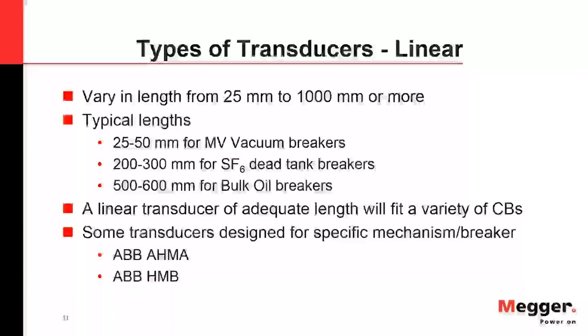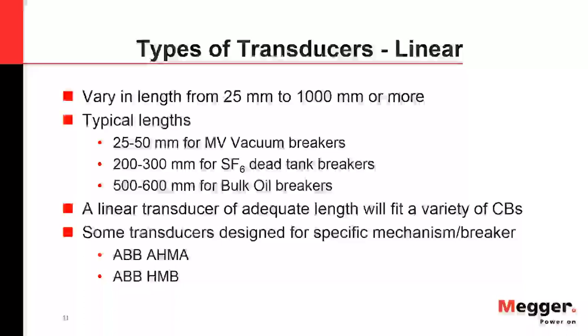And then as you start to get into your SF6 dead tank, usually a 200 to 300 millimeter transducer is good because your lower ones, your 72 kVs and 145 kV circuit breakers, only have a stroke around 110, 120 millimeters or so. And then as you get up to your 245s, 300s, 500s, they might go up to a 200 millimeter stroke or so.